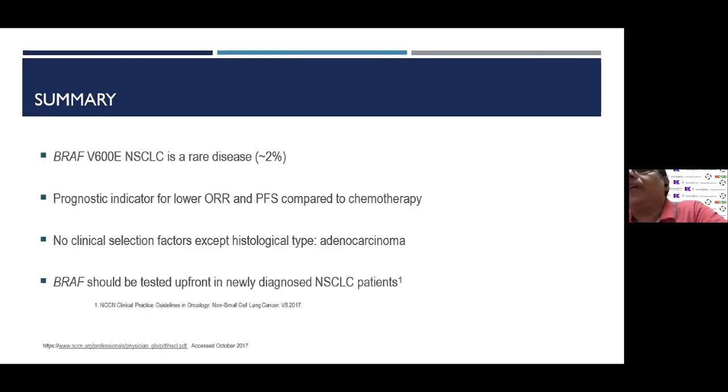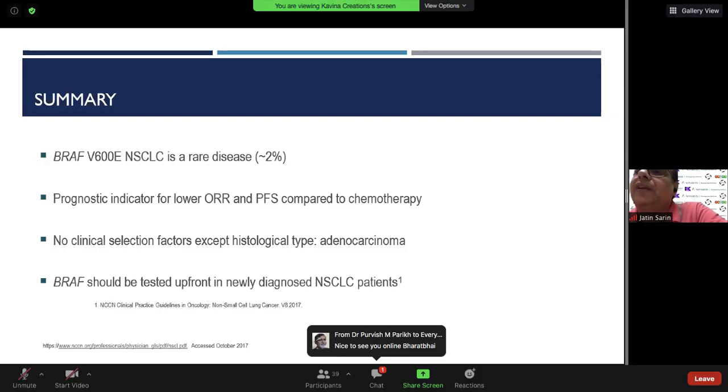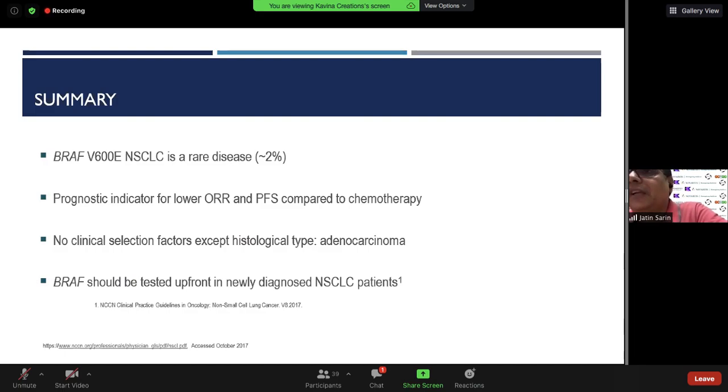There has been no specific clinical selection, though it has been shown sometimes that even heavy smokers can have this kind of mutation. And it's a valid point to test BRAF along with the other mutations upfront in a newly diagnosed non-small cell lung cancer. Thank you, and I hand over to the organizers.